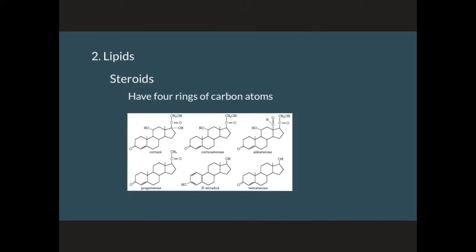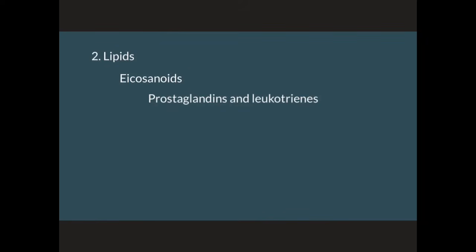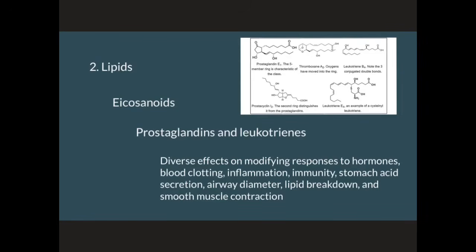In the body, the commonly encountered steroids are cholesterol, estrogens, testosterone, cortisol, bile salts, and vitamin D. And finally, we have eicosanoids. These include prostaglandins and leukotrienes. These have a diverse effect on modifying responses to hormones, blood clotting, inflammation, immunity, stomach acid secretion, airway diameter, lipid breakdown, and smooth muscle contraction.